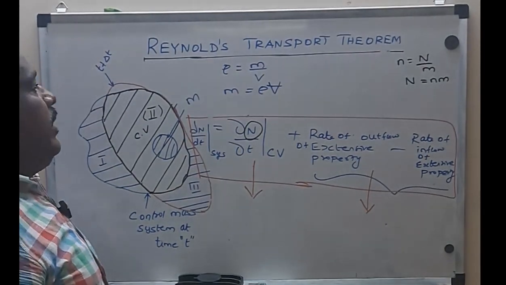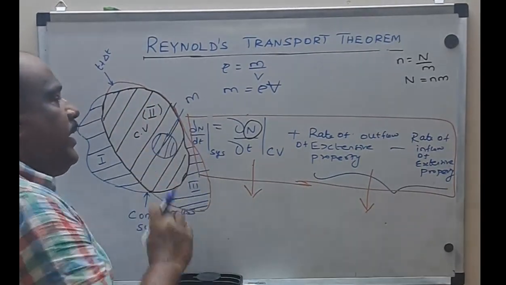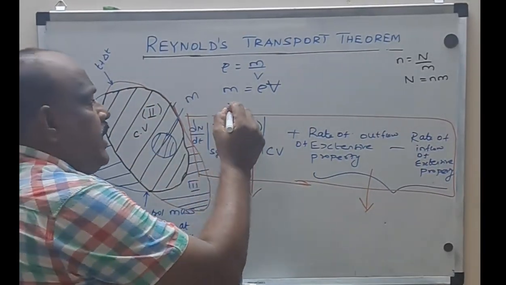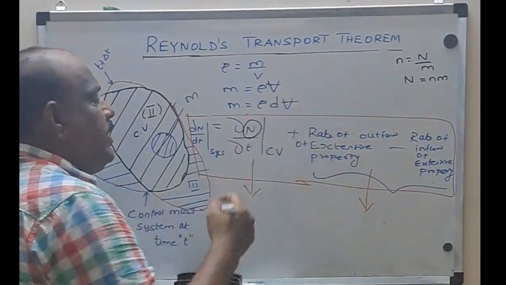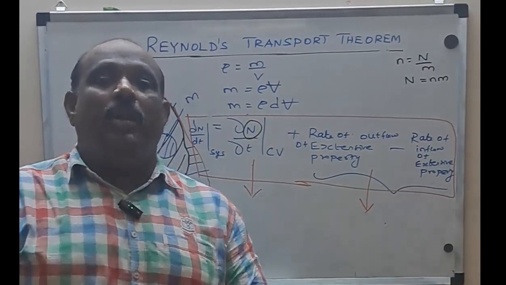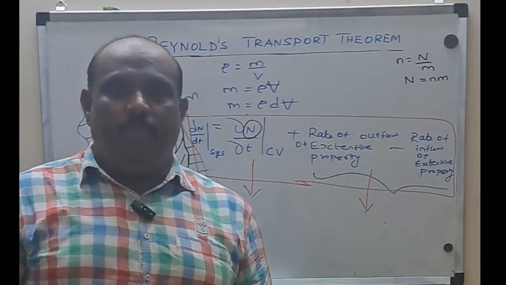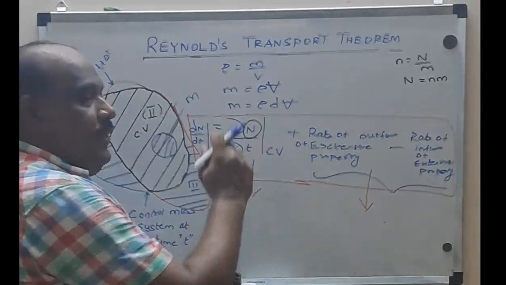Okay, fine. Now, this is not the mass of the entire control volume. It is the mass of only the elemental control volume. So, m can be equal to rho into dV. Why am I putting dV instead of V? Because that is the volume occupied by the elemental control volume and not of the entire control volume. So it is rho into dV.